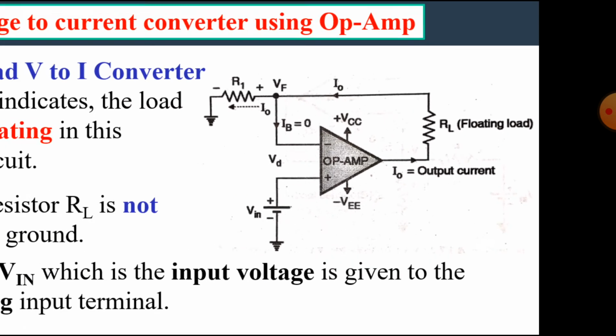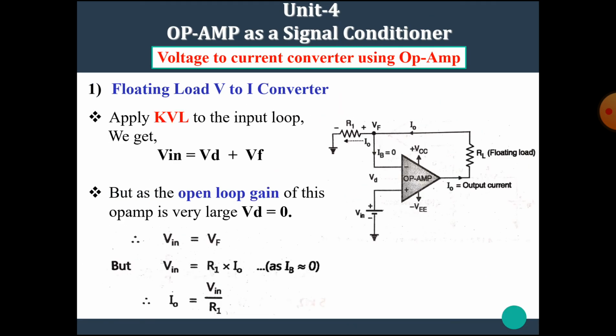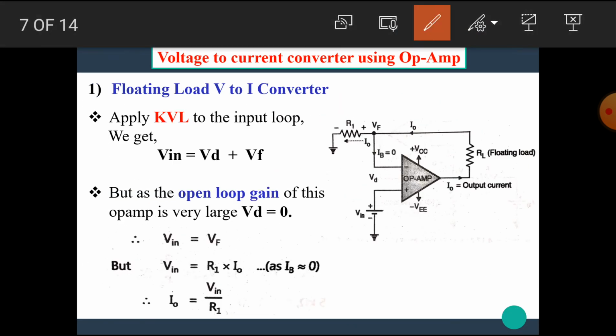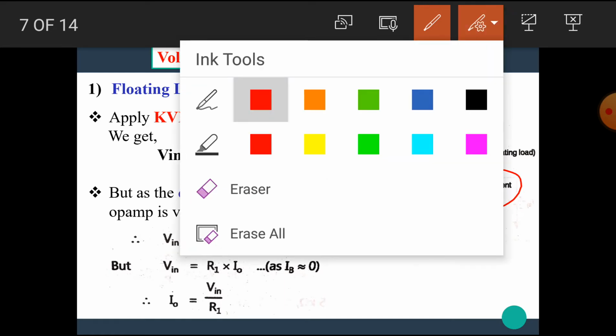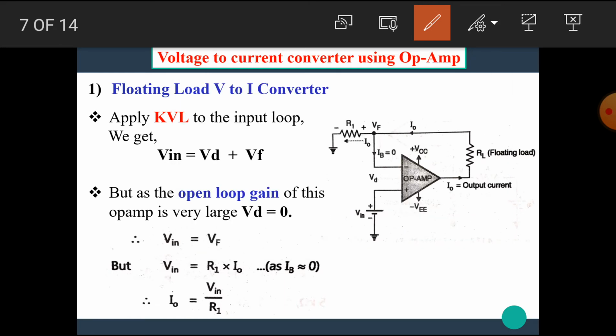Now let's see the expression for the output. We know that we are giving voltage input here, and at the output we get current. For that purpose, first apply Kirchhoff's voltage law to the input loop. We get Vin is equal to Vd plus Vf.